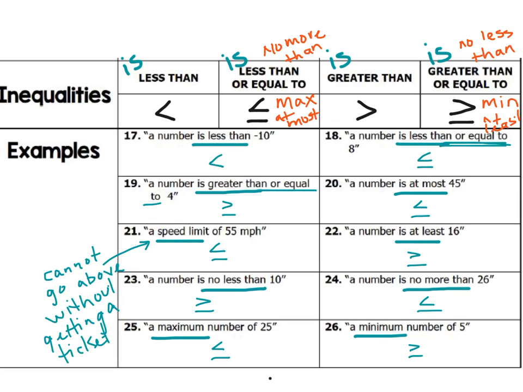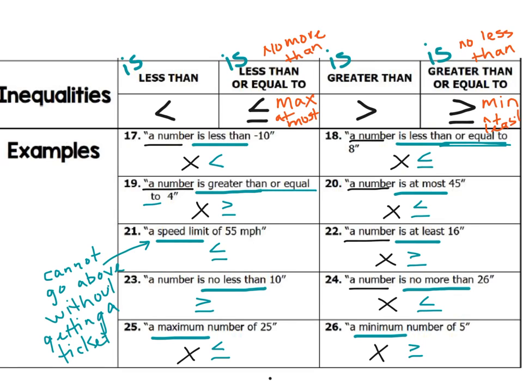We're going to go ahead and identify all of our variable terms. So a number, so I'm going to put X. A number in 19 is X. A number in 18, a number, a number, a number. So I'm just using X every single time.